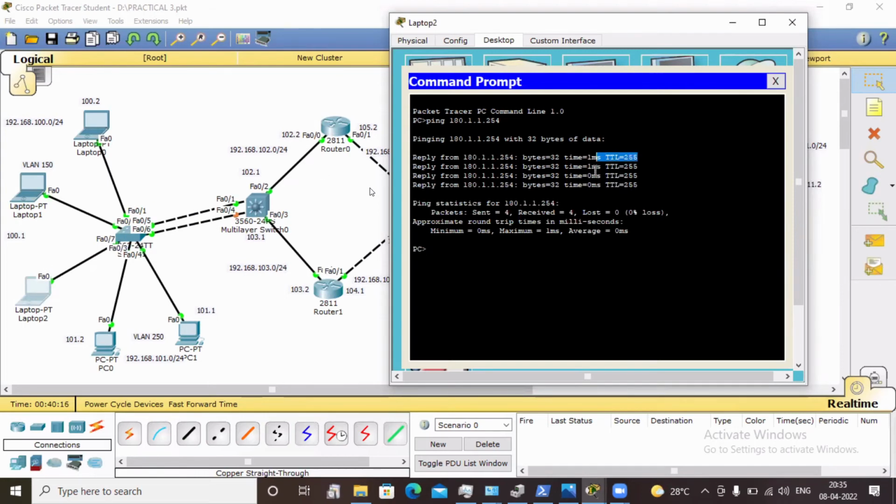Okay, now make sure that from this machine you can ping the rest of the networks.